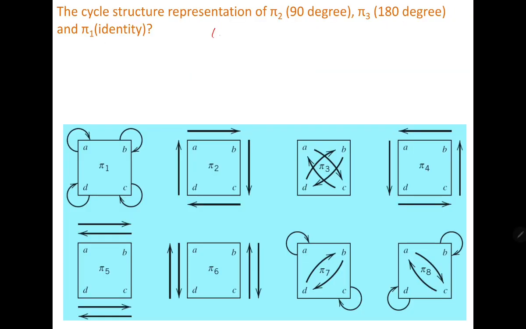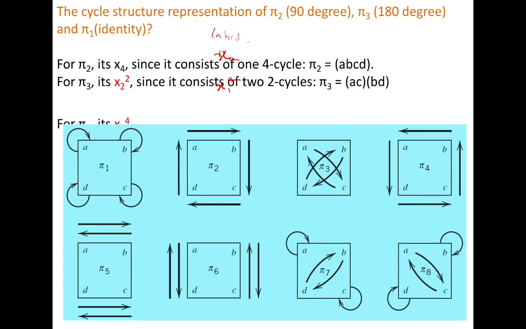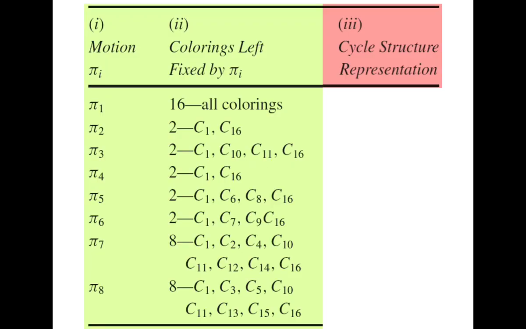Similarly, for pi 2, I write pi 2 as (a b c d). Therefore, it is a cycle of length 4, x4. Pi 3 I already discussed. For pi 1, there are 4 cycles of length 1, so x1 raised to the power 4. Now you can quickly try to write down the cycle structure for each of these symmetries.